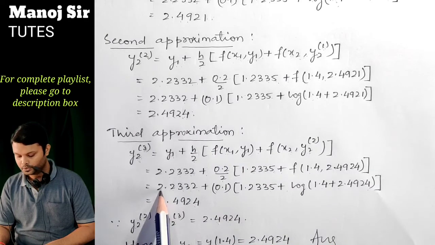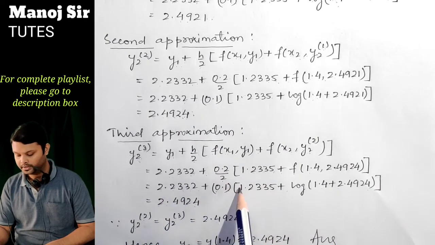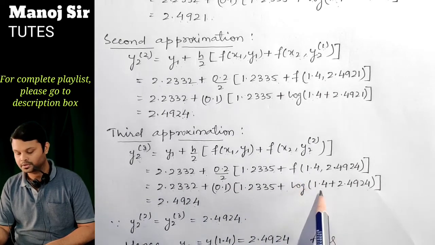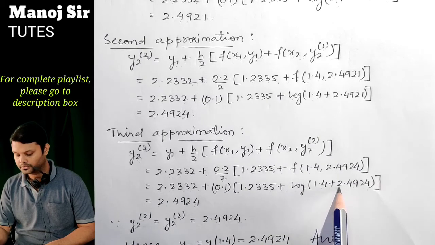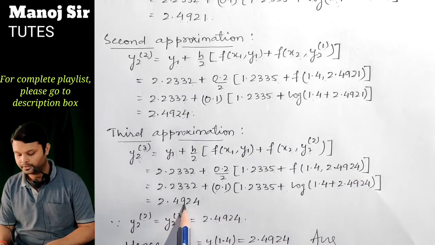So 2.2332 plus this will be 0.1 into 1.2335 plus the function, that is log of x plus y, so log of 1.4 plus 2.4924. On calculating this you will get y2 at the third approximation, that is 2.4924.